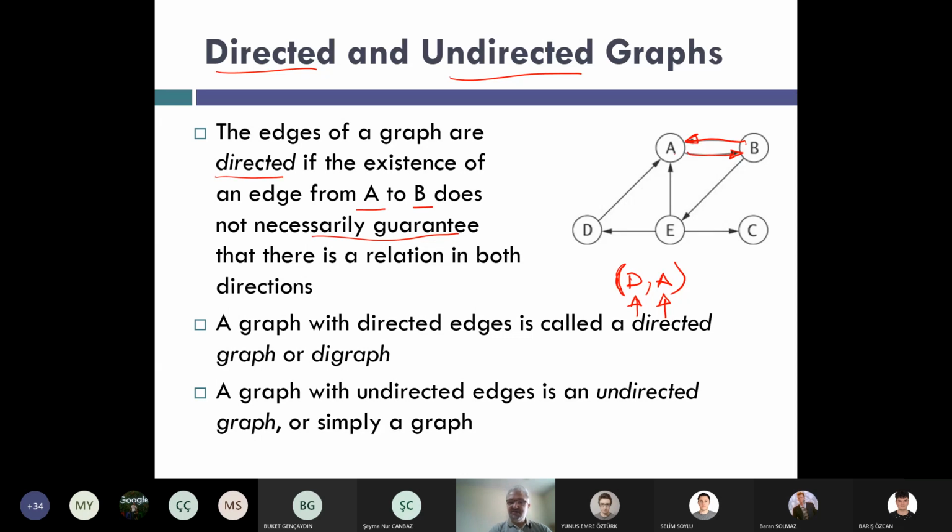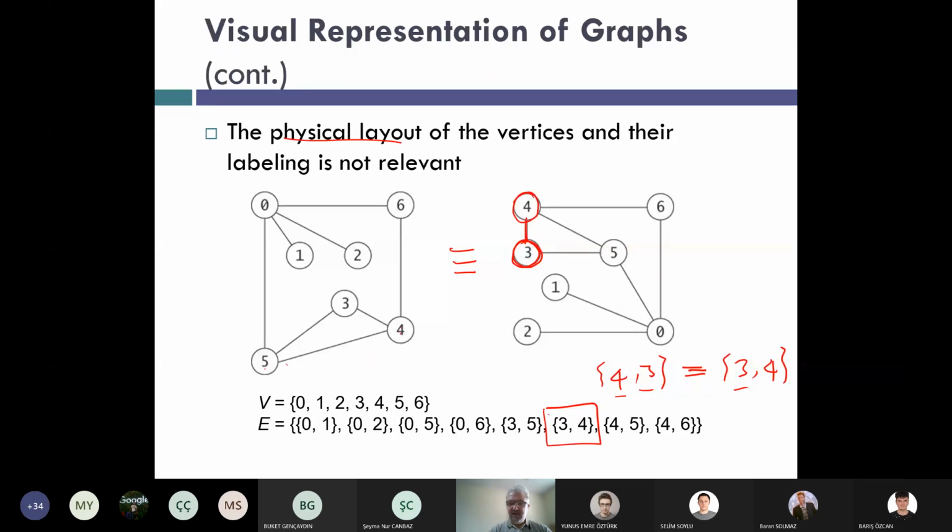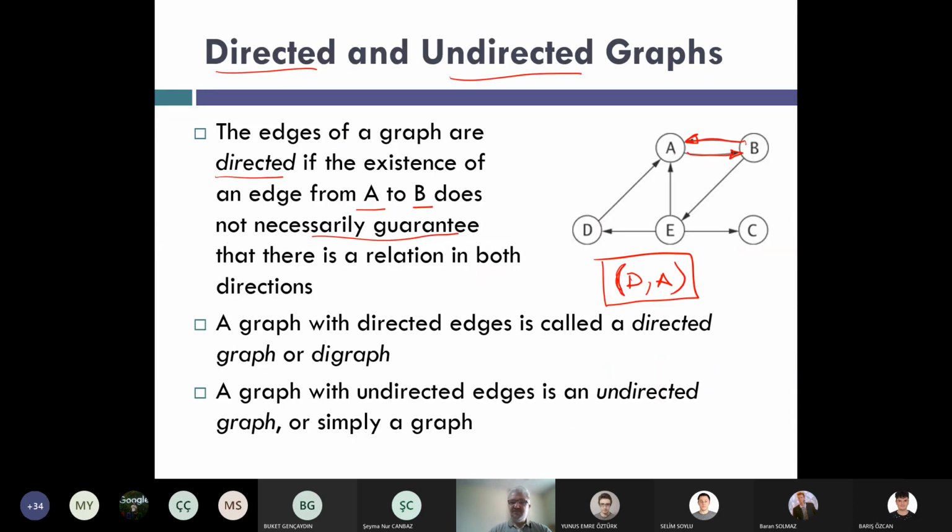If the edges are directed, as I said, the edges are represented as tuples, not as sets. For example, for this graph, the edge set is something like A to B, B to A, D to A, E to D, etc. What's left?